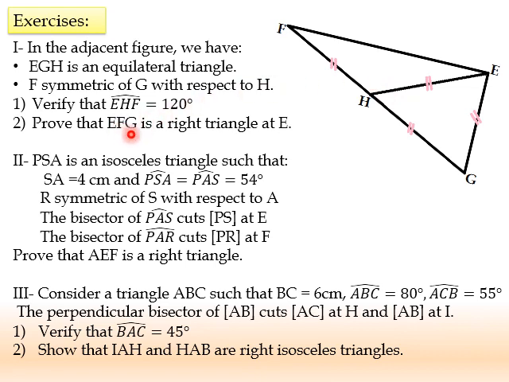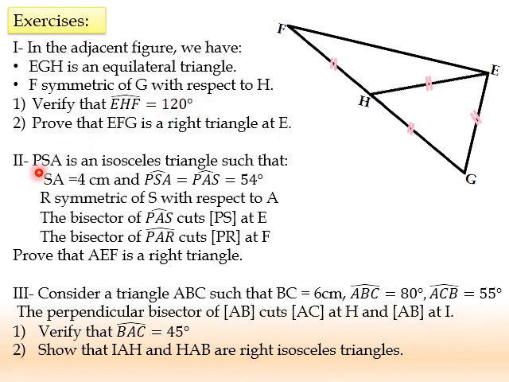Then prove that EFG is a right triangle at E. Look at EFG. H is the median. H is the midpoint of FG, so EH is the median. Compare EH, FH, and HG, and let me see how you will prove that it's a right triangle at E.